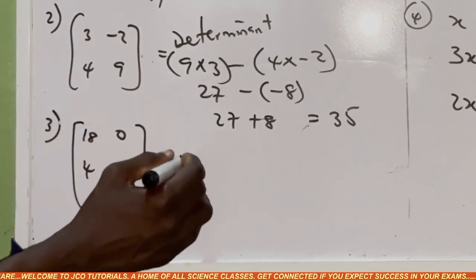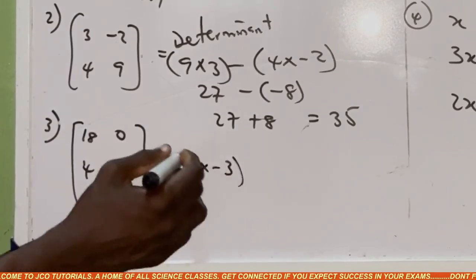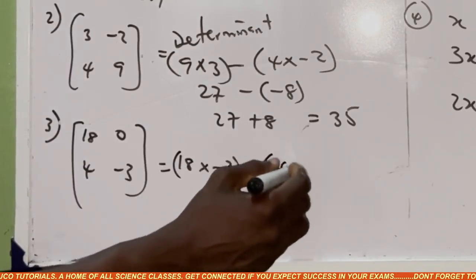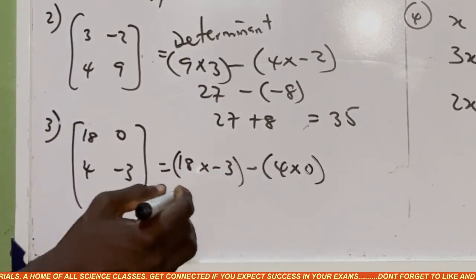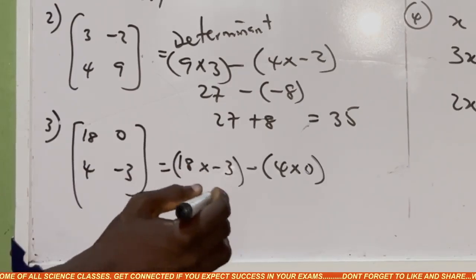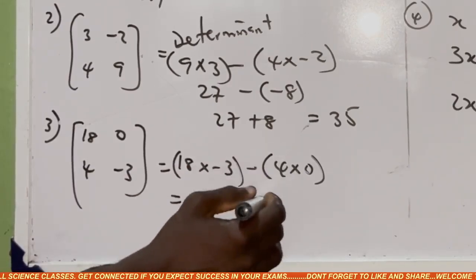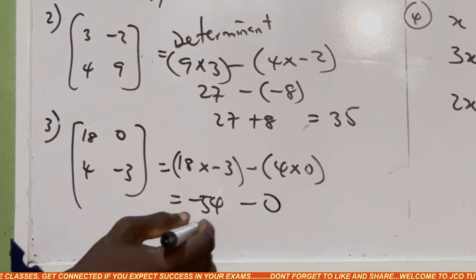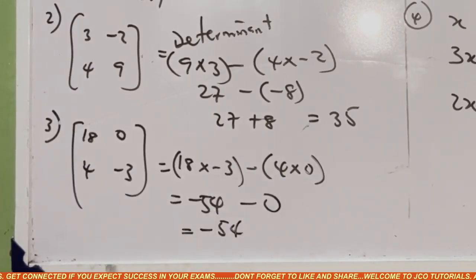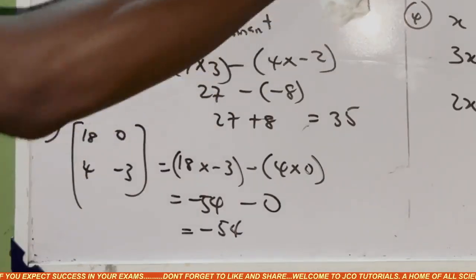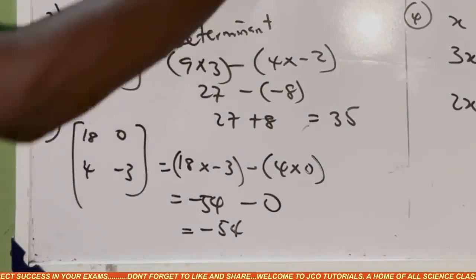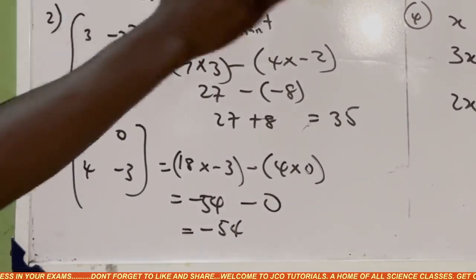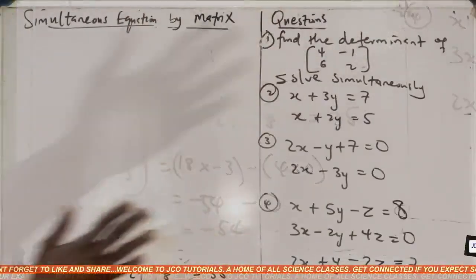Main diagonal 18 times minus 3 minus 4 times 0. 18 times minus 3 gives you minus 54. Then minus 4 times 0 is 0. Minus 54 minus 0 gives you minus 54. So that being said, we can now go start some simultaneous equation by matrix method.